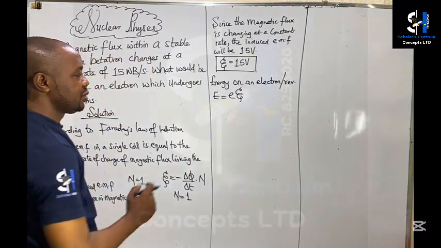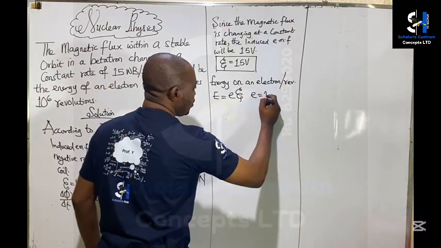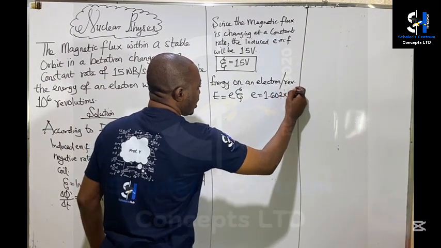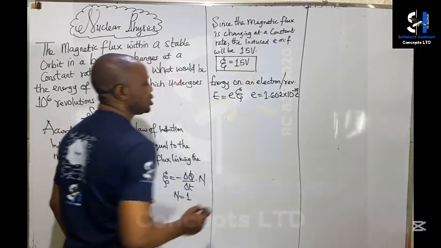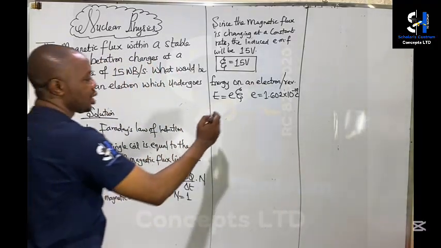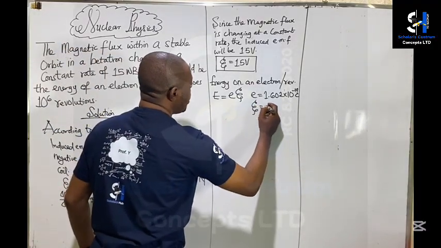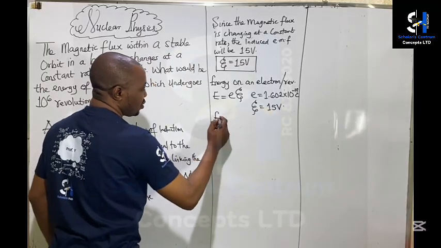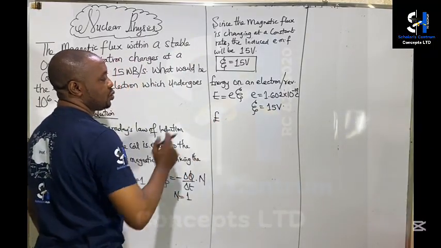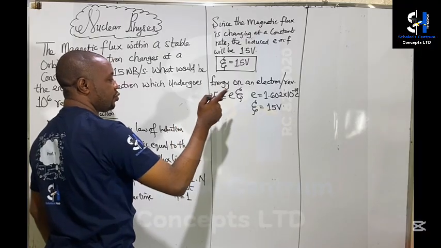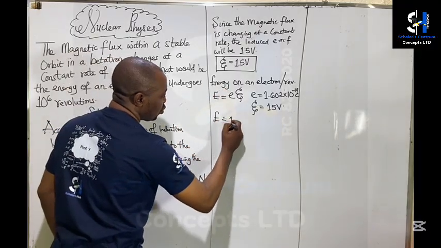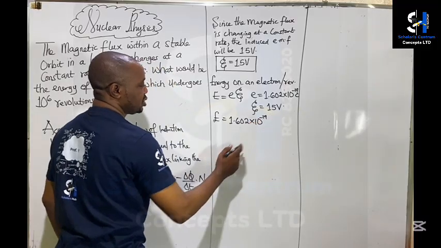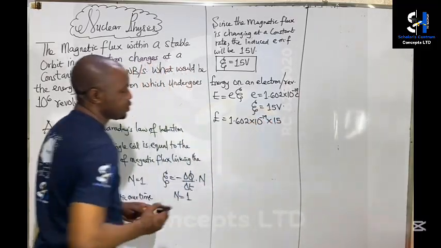Don't forget that the value of e is 1.602 times 10 raised to negative 19 coulombs, and the induced EMF is 15 volts. So the energy on an electron per one revolution will now be equal to 1.602 times 10 raised to negative 19 multiplied by 15.